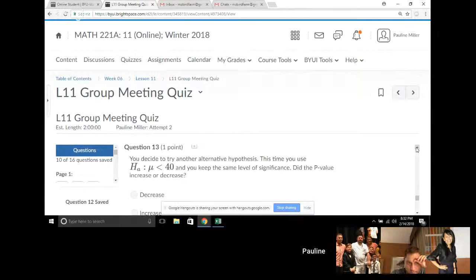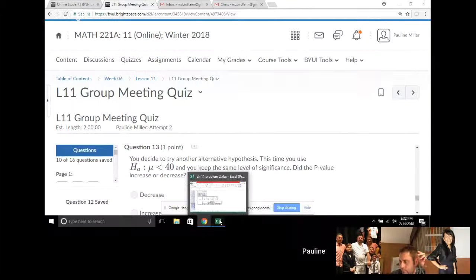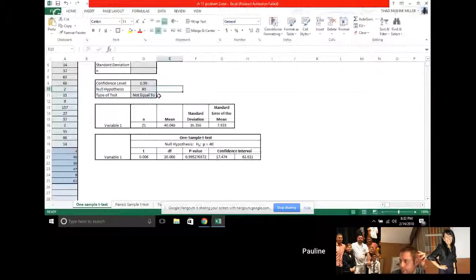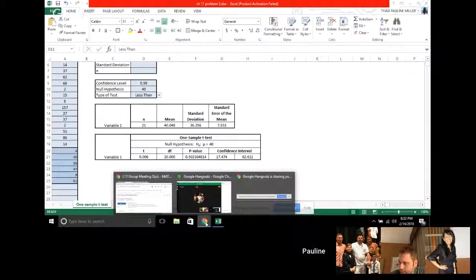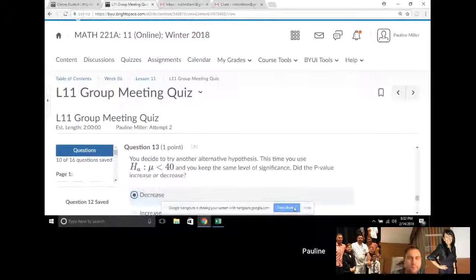And then you decide to try another alternative hypothesis, and this time you make the alternative mu less than 40. I went to this test and made it less than 40, and I watched what it did to the numbers, and the p-value went down. Just change the option.